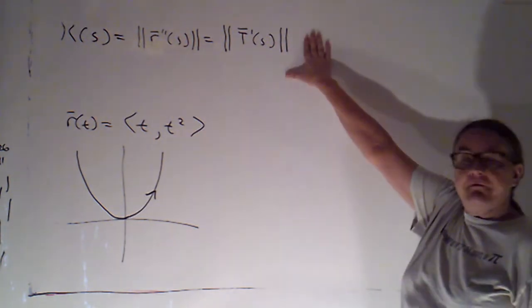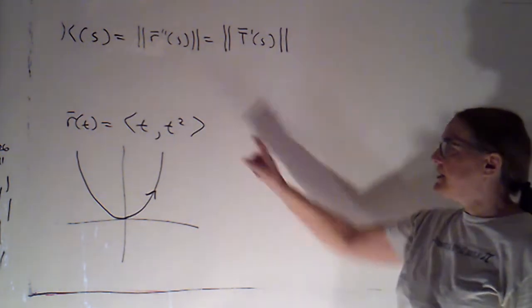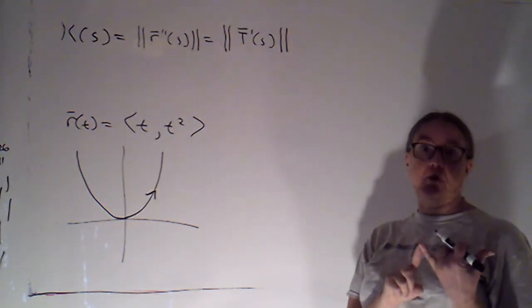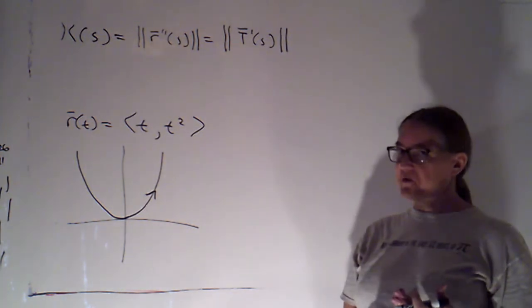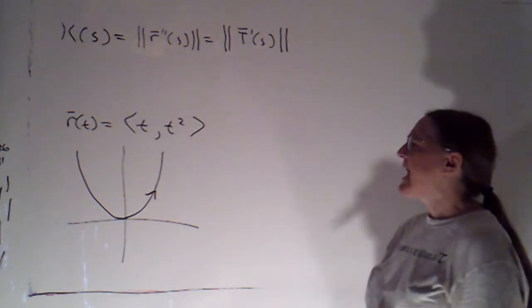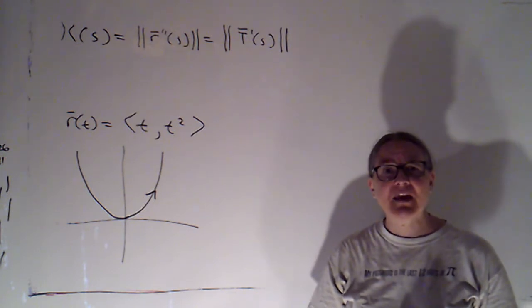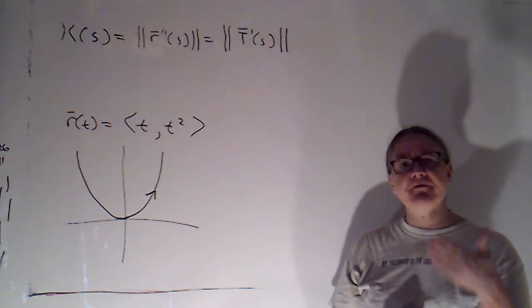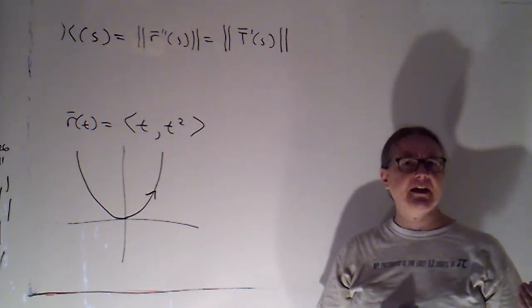If this is the only formula that I have, then in order to find the curvature, I need to first of all find the arc length parametrization. Then I need to take its second derivative, and then I need to take the magnitude of that. And that's not sounding like a really fun problem, because we've seen that when you find an arc length parametrization, very often the formula gets messy.